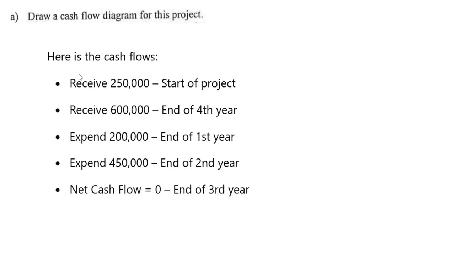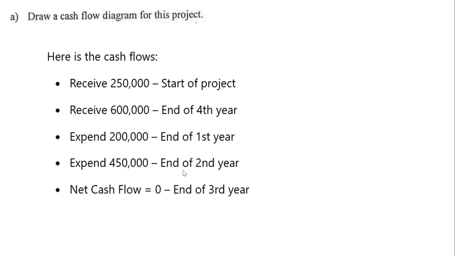So it's simple. Let me just describe it here, and you know how to draw it on the diagram as well. At the start of the project, year 0, receiving $250,000, so it's upward. At the end of year 1, expend $200,000, so downward 200,000.